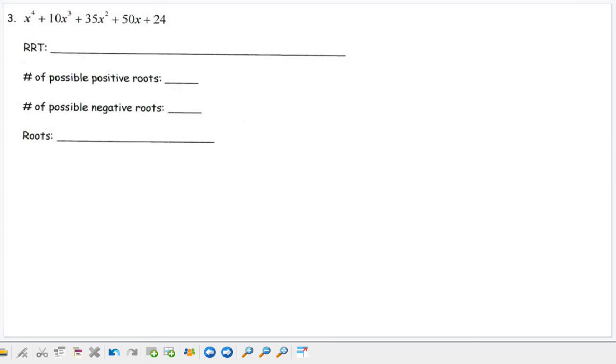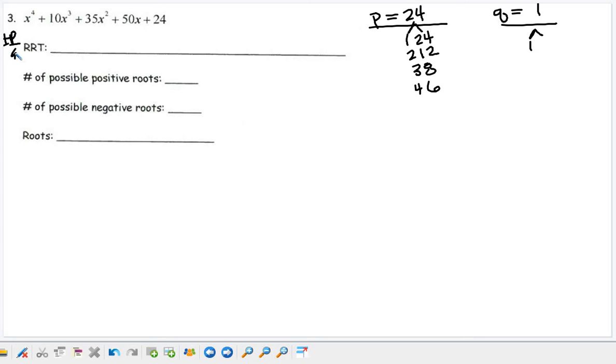Rational root. So we have p is equal to the constant. So we have 1 and 24, 2 and 12, 3 and 8, 4 and 6. Q is equal to the first term, which is 1, thank goodness. So plus or minus P over Q, everything over 1, right?